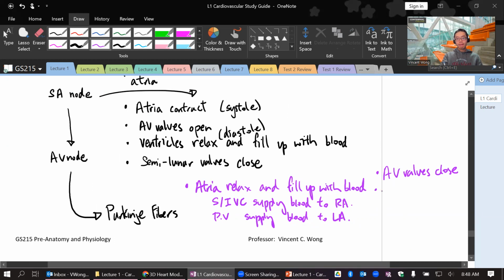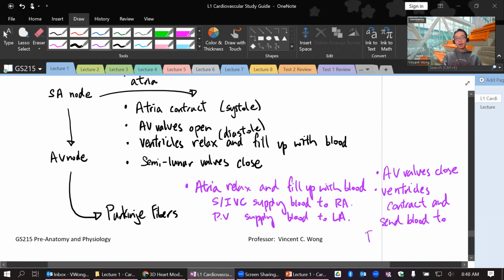And since the signal is now at the ventricles, carried by the Purkinje fibers, the ventricles contract and send blood to, well, it depends which side you're talking about.